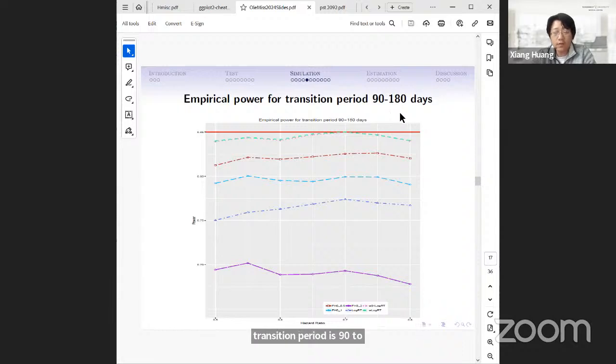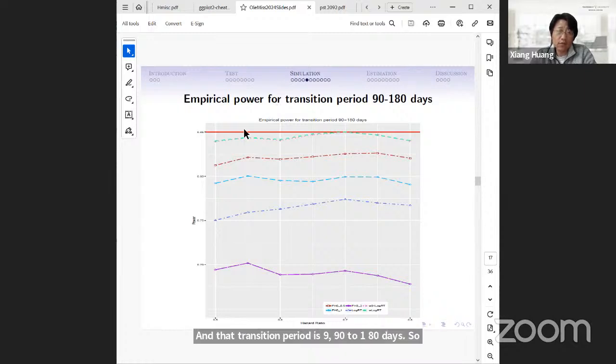We run a simulation where the control arm has the h norm exponential distribution, and the experimental arm has the delayed treatment effect with a transition period of 90 to 180 days.